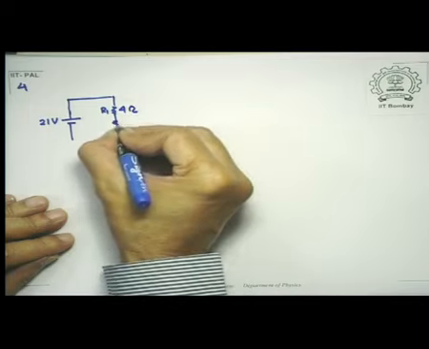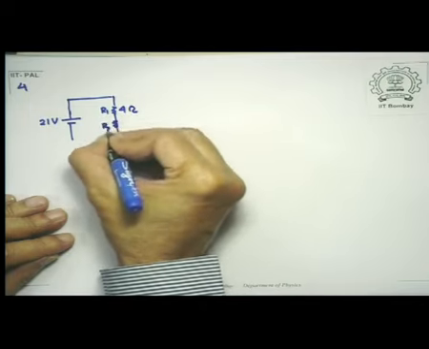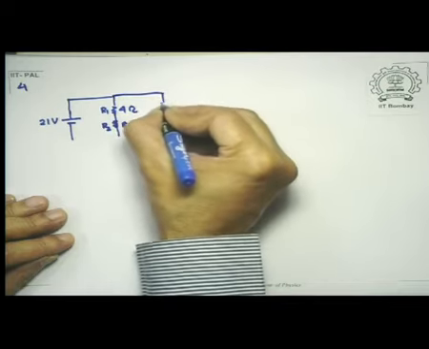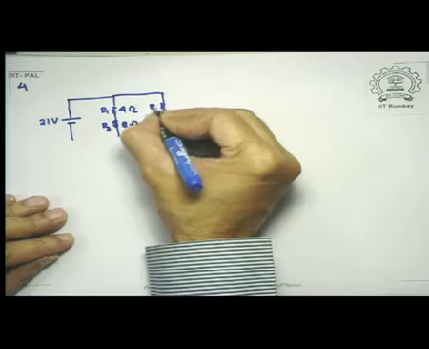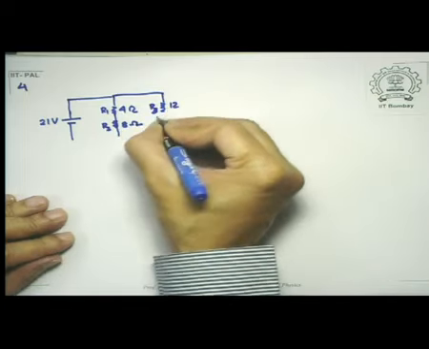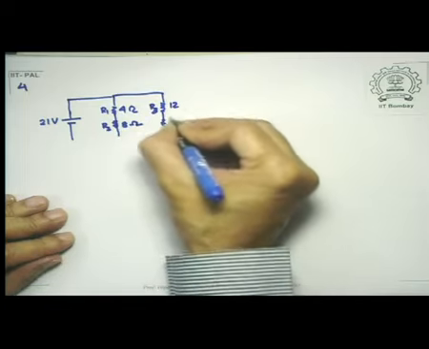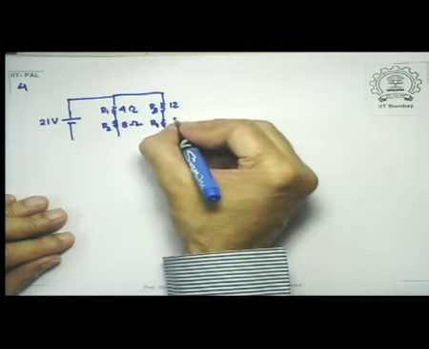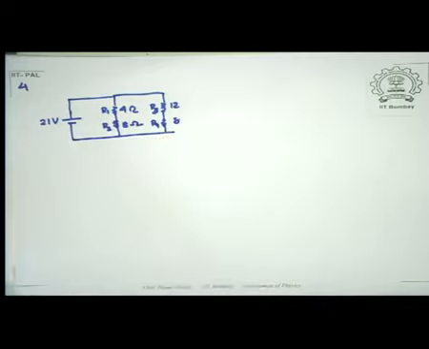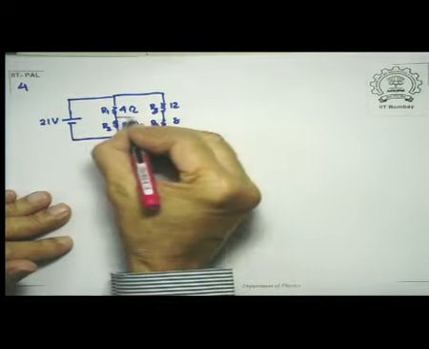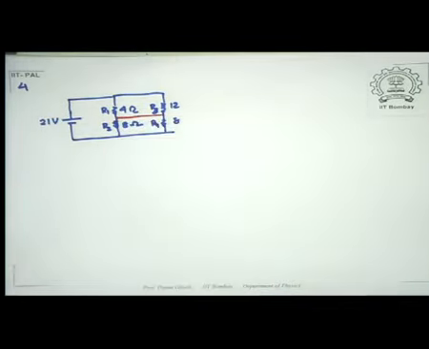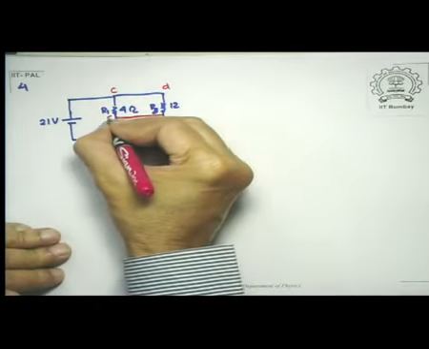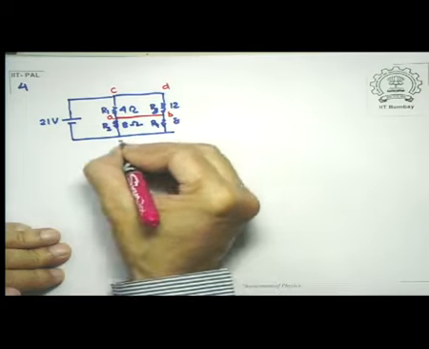This is R2, which was 8. On this side there was a R3, which was 12, and an R4, which is 8 again, and I had this switch connected. So this was CD, this is A, this is B, this is E, this is F.